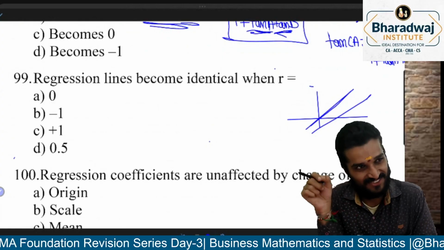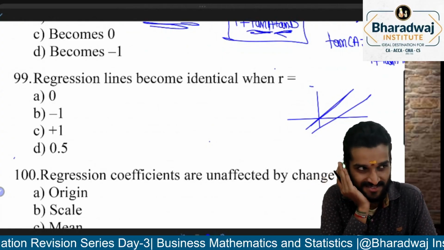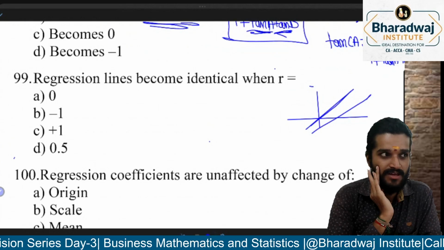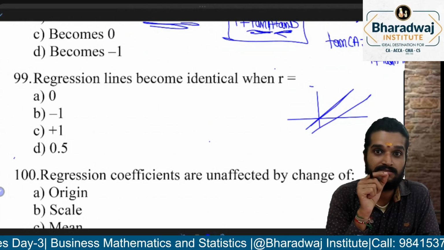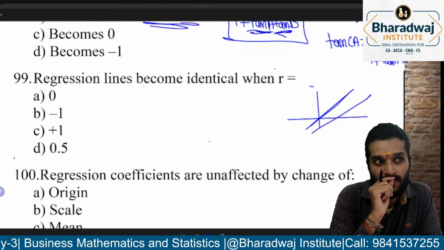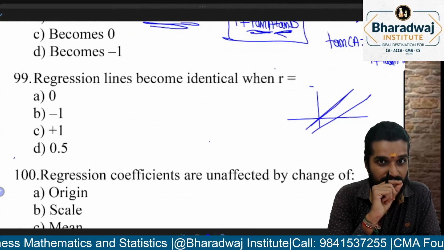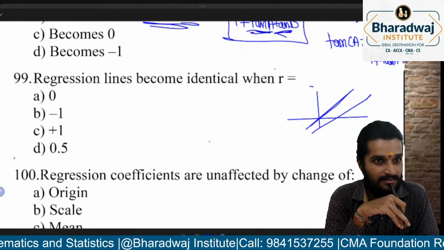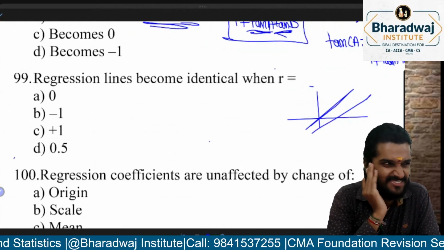The answer is hidden in the question itself. You have to think. The numerator should be 0. We don't know about the denominator because R is placed in the denominator only. But we know if one regression coefficient is greater than 1, the other will always be less than 1. With this, can we tell anything?